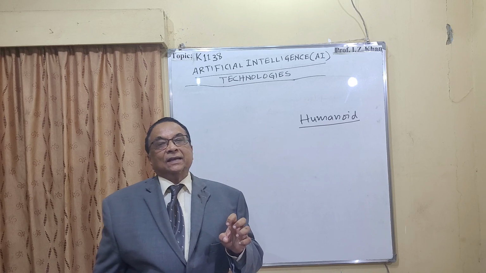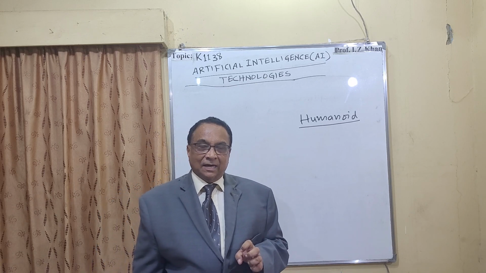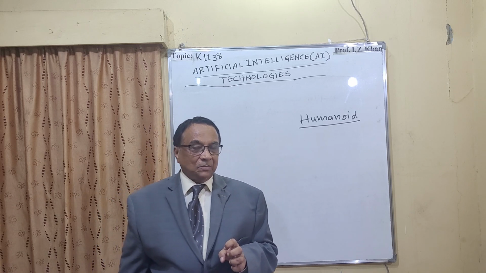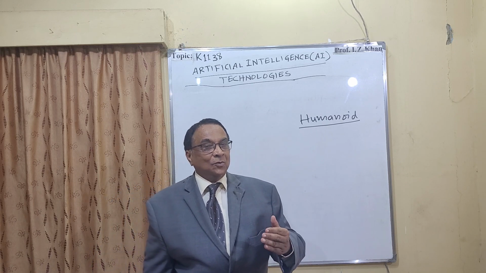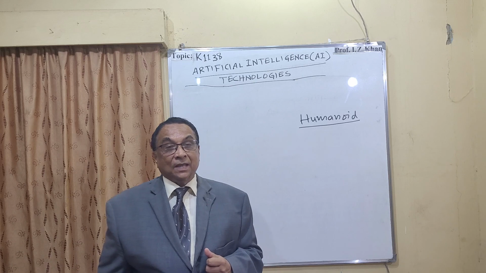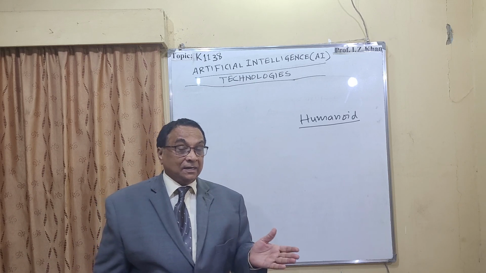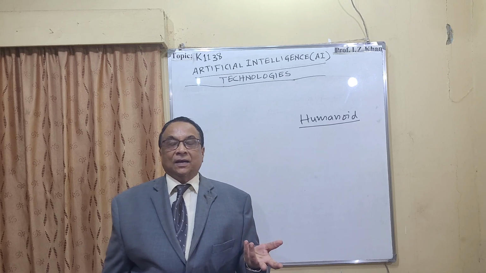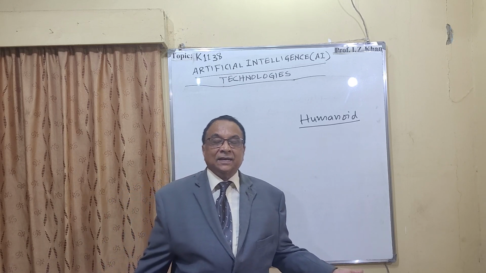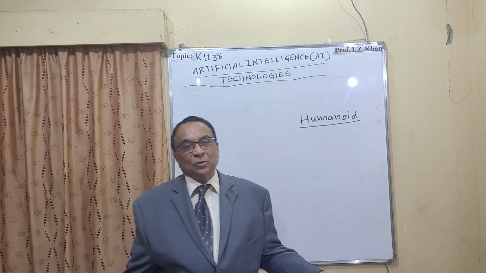Humanoid means a well trained artificial intelligence and machine learning system, and it can take decisions, it can have language, it can mimic a human being, it can understand natural language. Such humanoids are now produced worldwide. In India, a lot of humanoids are produced.